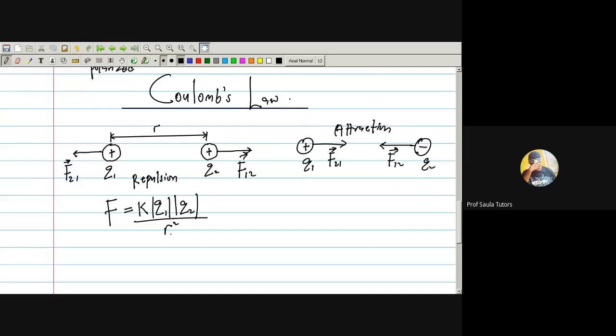Pay attention, what we are calculating here is the magnitude. I've never calculated any direction yet. So this is just the magnitude of the force between them, but I'll still talk about the direction.